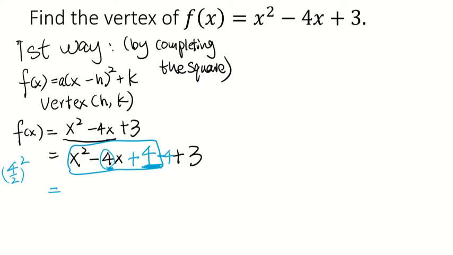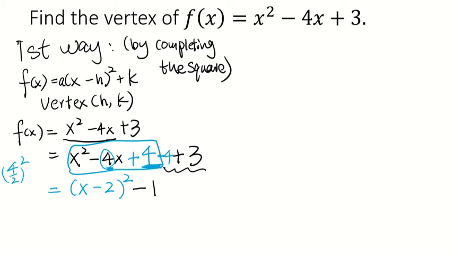All right, so now those three terms become (x minus something) squared. x minus what, squared? (x minus 2) squared. And then these two terms, negative 4 plus 3, is negative 1.